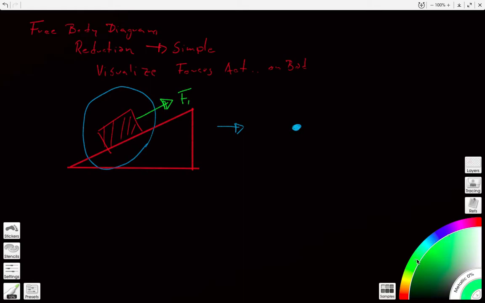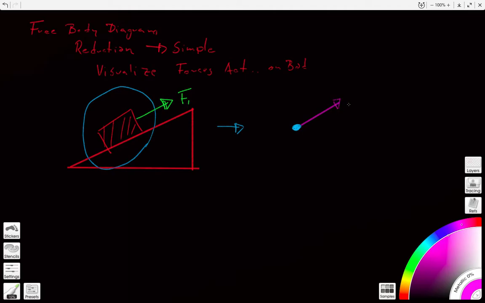Once we have that point, we need to start figuring out what forces are acting on it. We're reducing all of this complex information into a more simplified version of the same system, visualizing the forces that act on this body. The first and most evident force is force 1, going in this direction.